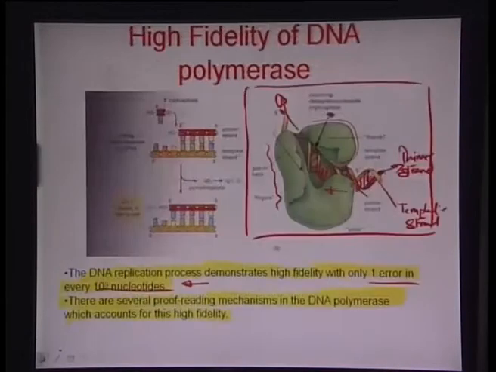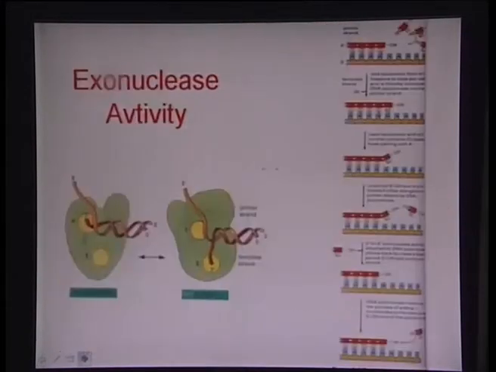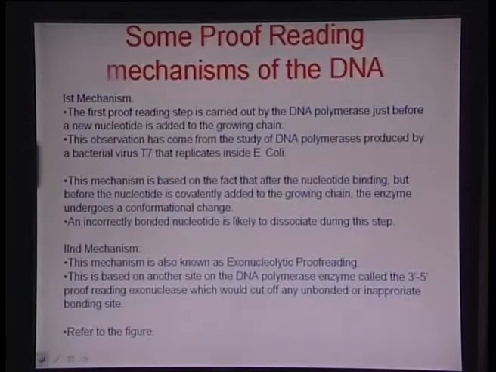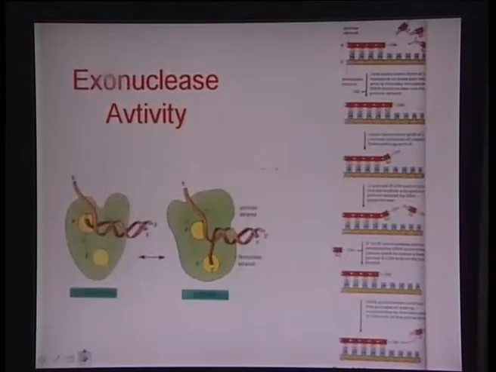I think I have an illustration here. When a new nucleotide is added to the growing chain, a proofreading step is carried out. This mechanism is based on the fact that after the nucleotide binding, but before the nucleotide is covalently added to the growing chain, the enzyme undergoes a conformational change.